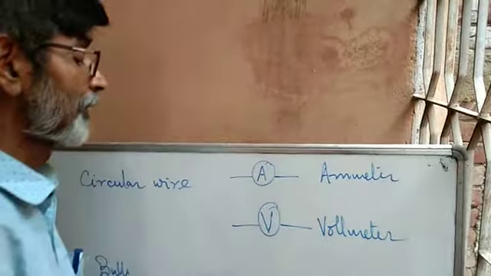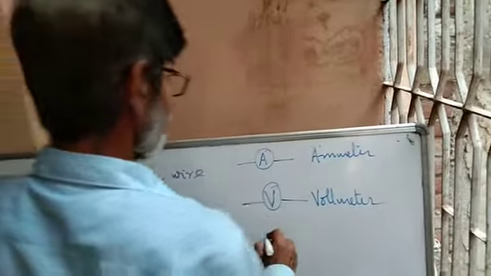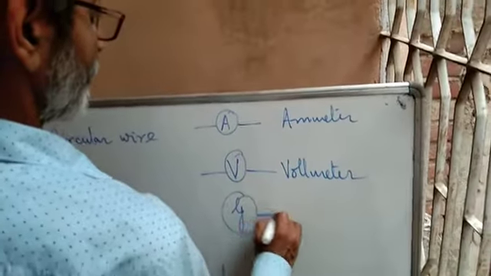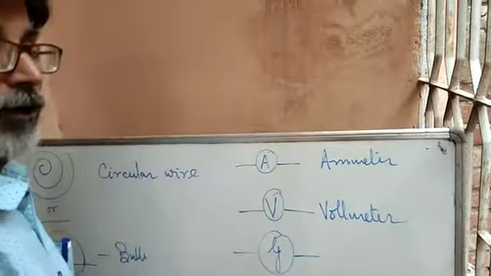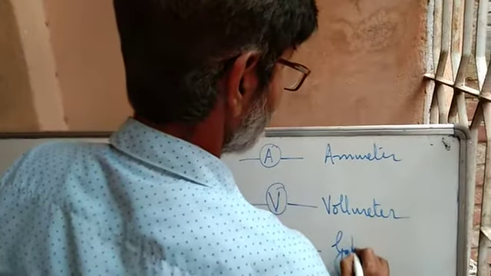You have to use this symbol for the voltmeter. If you have to detect the current in the circuit, the instrument called a galvanometer is used; this is the symbol for the galvanometer.